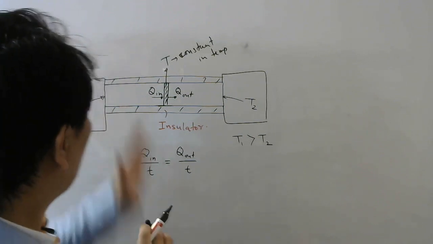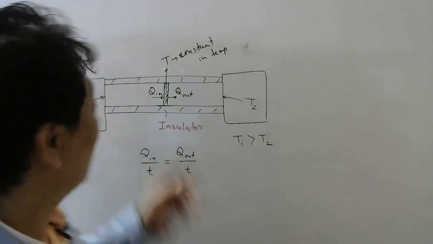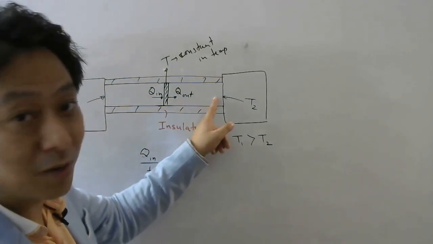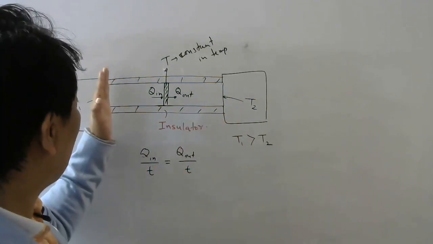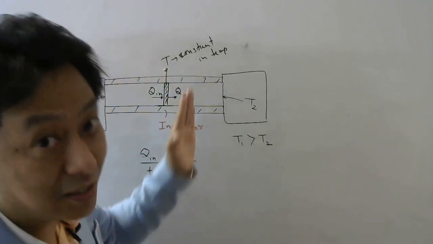But do I mean all the sections will be at same temperature? Obviously no. This part will be at more temperature, T1 it is here, right? This part will be at less temperature, T2 it is here. But what I mean is that temperature from here to here will obviously change.